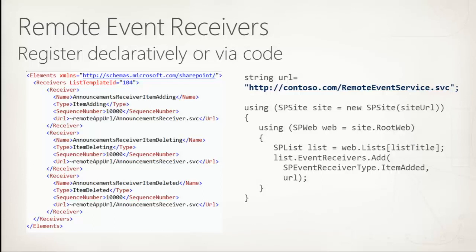How can I trigger events off of that? Well, you can certainly do that with the app model. Basically on your app install event, you would write some code to register an event on that parent web. And then that way you can have events getting listened to on that parent as well. So you get a lot of that same sort of flexibility that you'd expect from the previous iterations of event receivers.